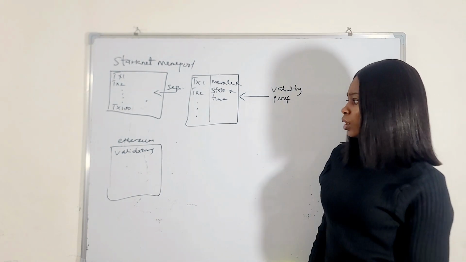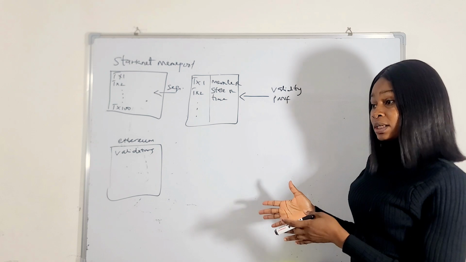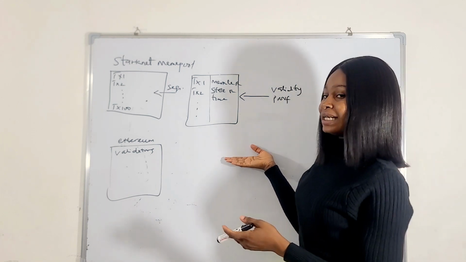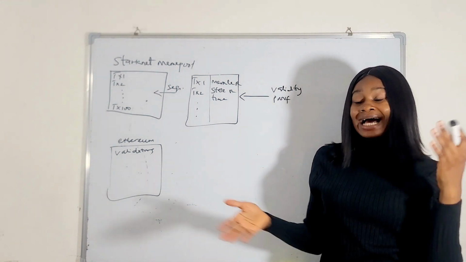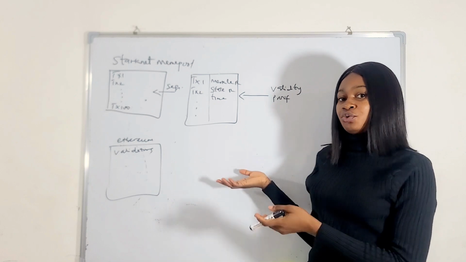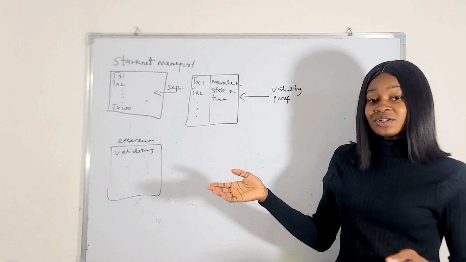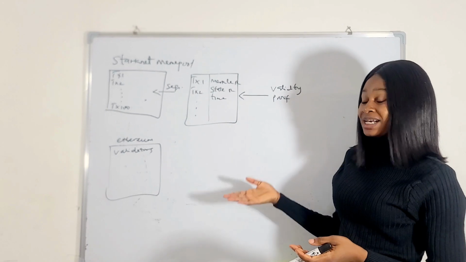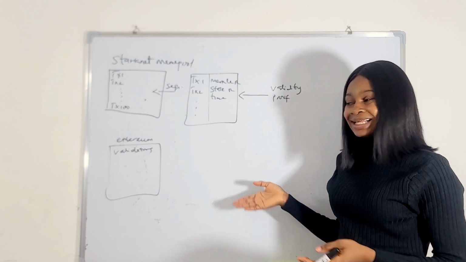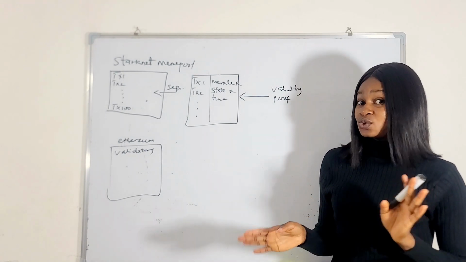So this is basically what happens. Once this reaches finality, it's just as though the transaction happened on Ethereum, because the information of that transaction is now recorded on Ethereum. That's basically how these things work.